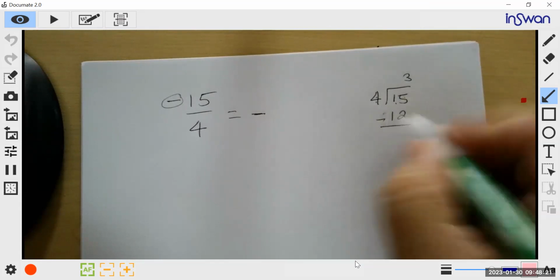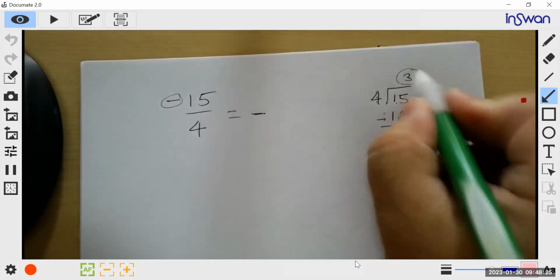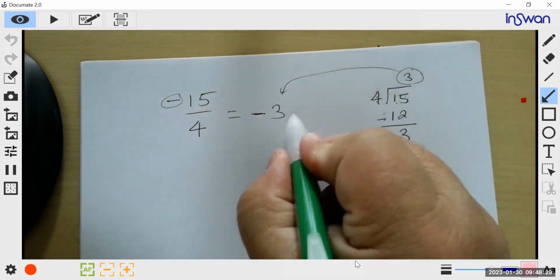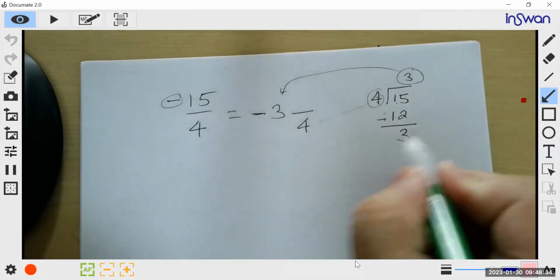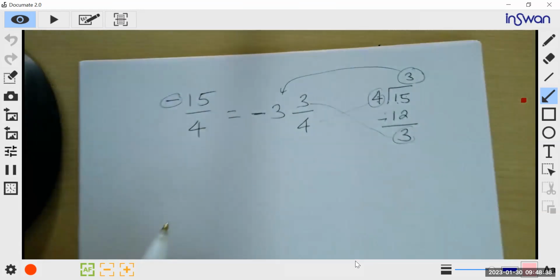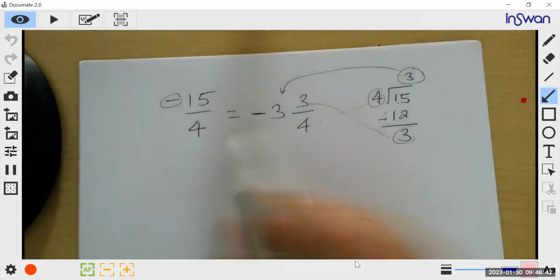Subtract that. 15 minus 12 is 3. So that goes there. The 4 stays on the bottom. And the 3 goes on top. So even if it's negative, it doesn't change anything. It's still going to be negative if you just do the same process.